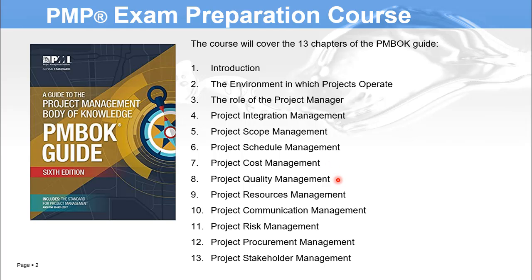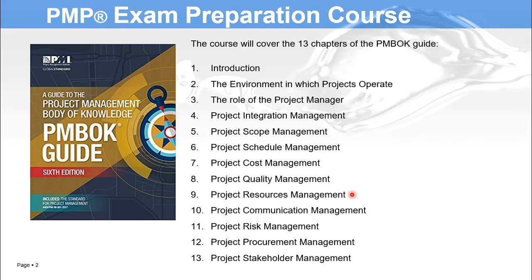And then chapter 8, project quality management, provides information about how to set the quality objective, how to select the standard according to which we are going to implement and execute our project. And then chapter 9, project resource management.